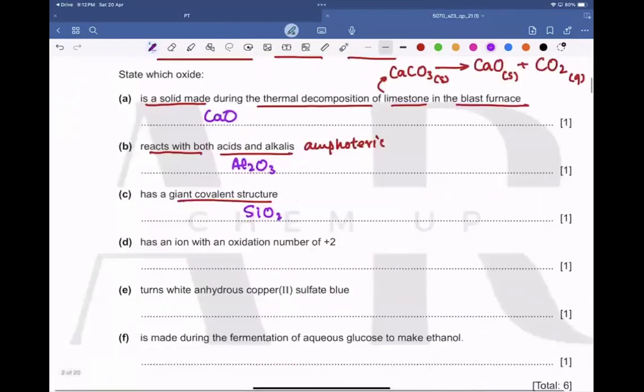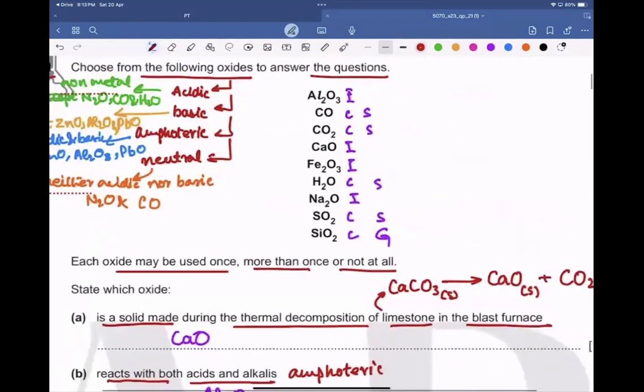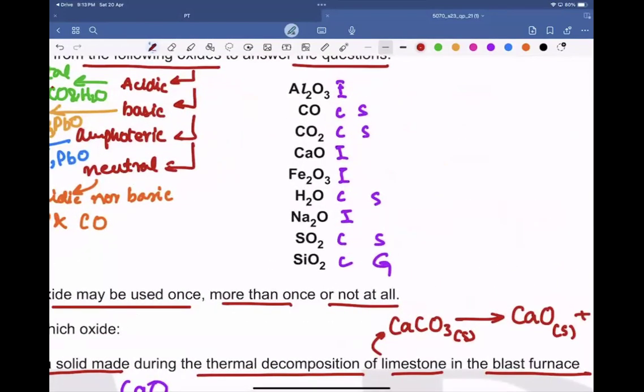The other covalent ones are simple molecules. Okay. Now, has an ion with an oxidation number of +2. Among these, which one has an ion with the oxidation number of 2? Very good, Rahim. It's calcium oxide.